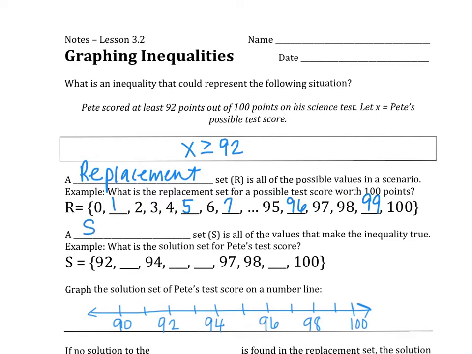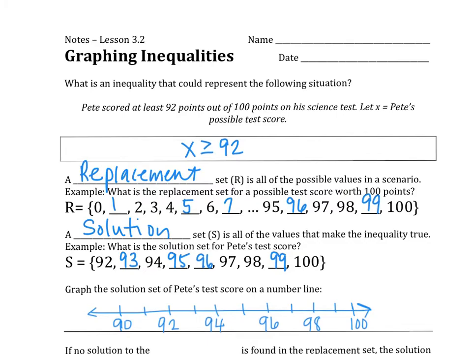A solution set is all of the values that make the inequality true. For example, what is the solution set for Pete's test scores? They could be 92, 93, 94, 95, 96, 97, 98, 99, or 100.